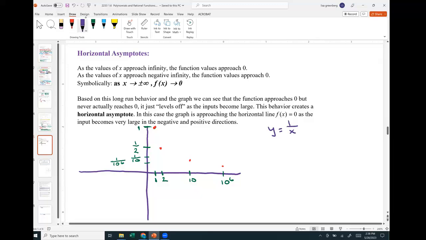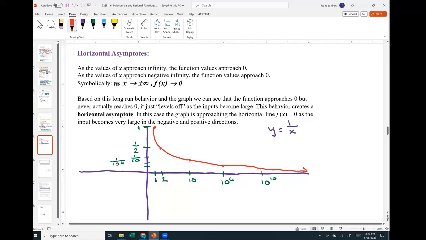And hopefully you can see that the larger my x values get, the smaller my y values get. And we are going to have the same graph. It's still going to look similar to the one we had before. But what's happening is this is getting closer and closer to 0.